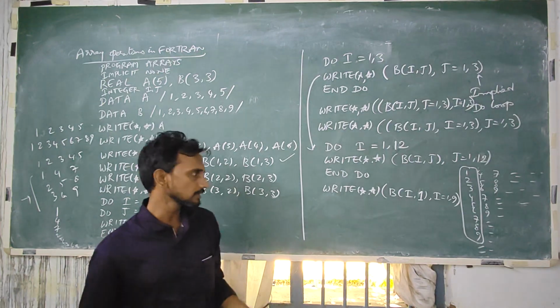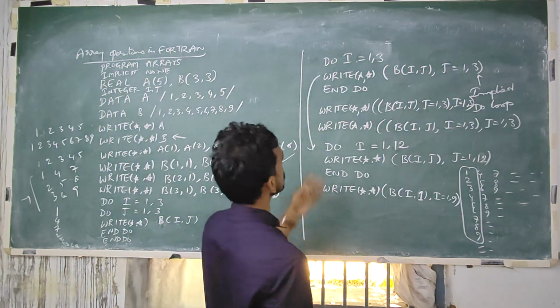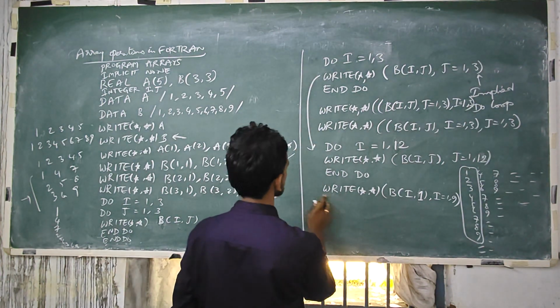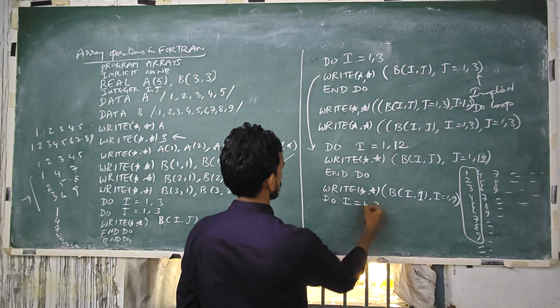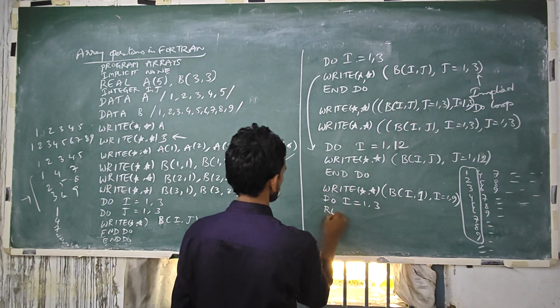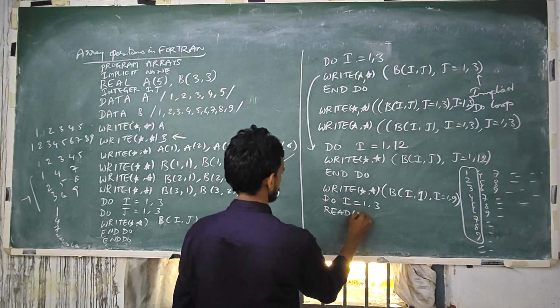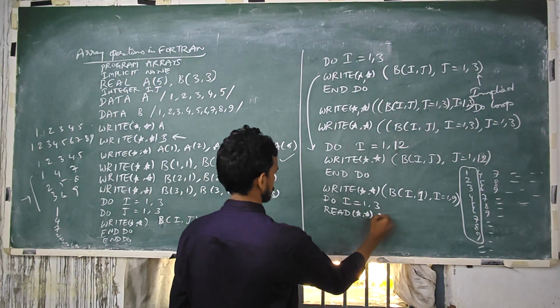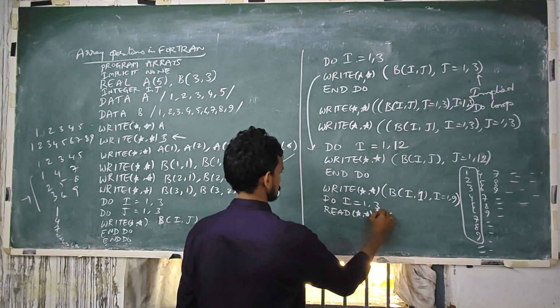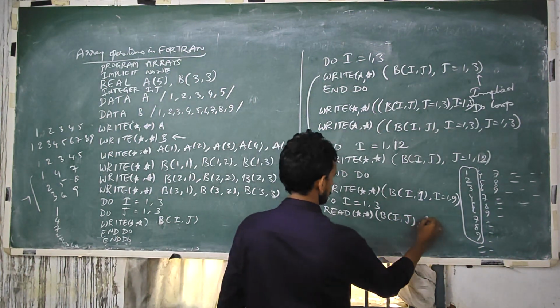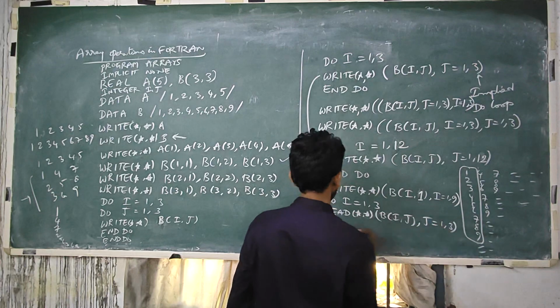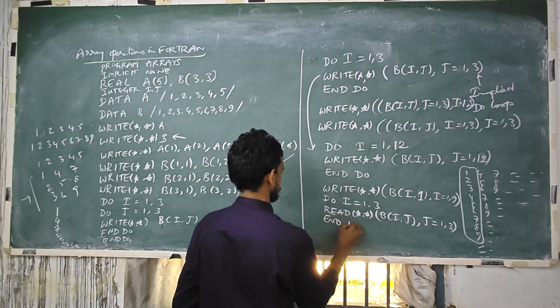So the convenient way is to use a read statement like: do I = 1, 2, 3, read B(i,j), j = 1, 2, 3, end do.